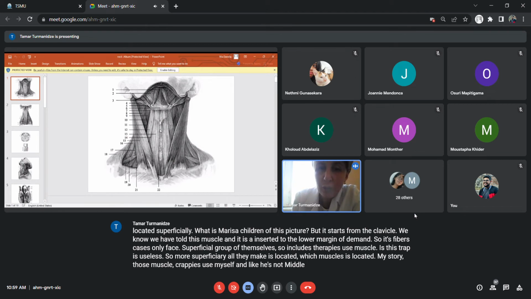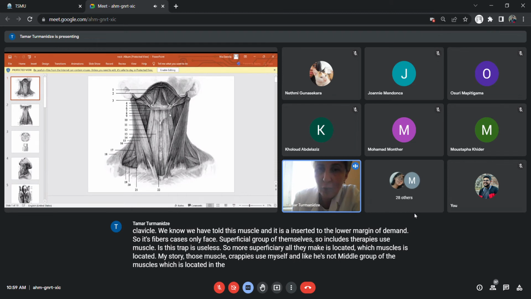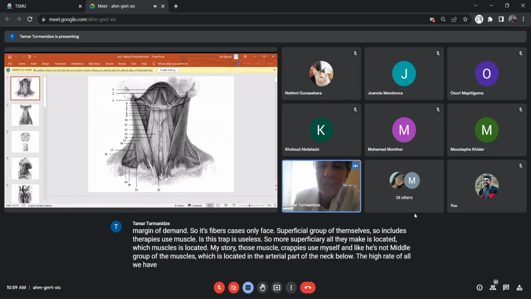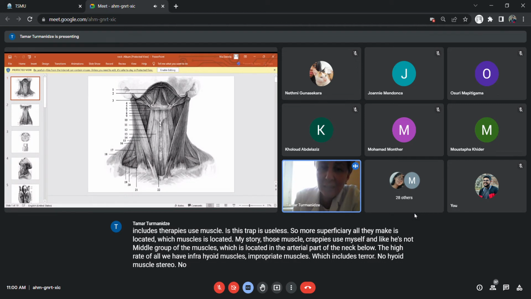Middle group of the muscles, which is located in the anterior part of the neck below the hyoid bone, we have infrahyoid muscles, which include sternohyoid muscle, sternothyroid muscle, thyrohyoid muscle, and omohyoid muscles.